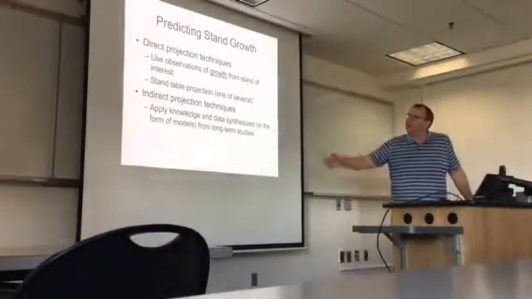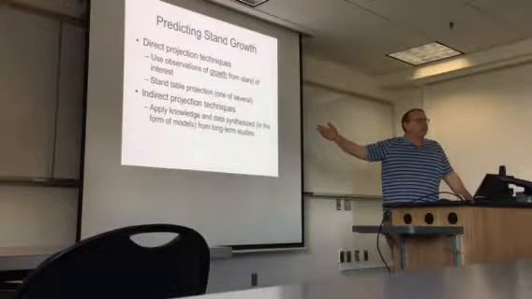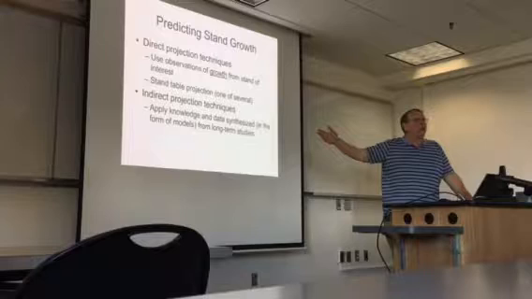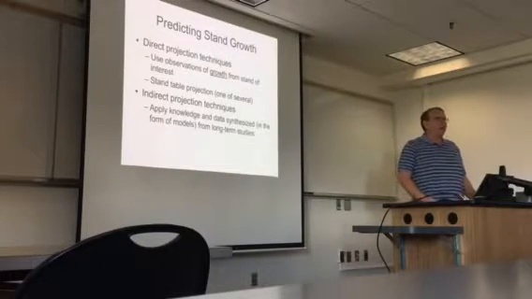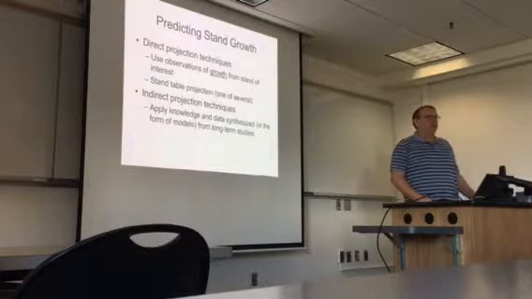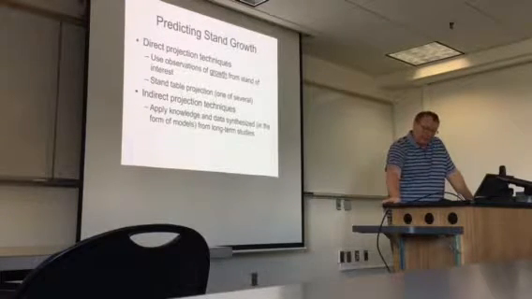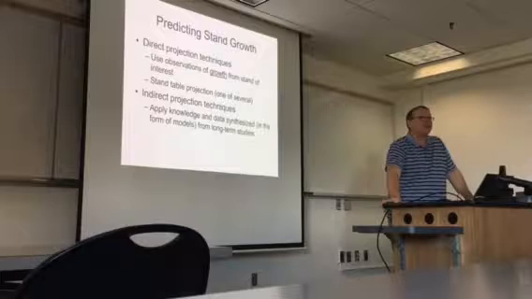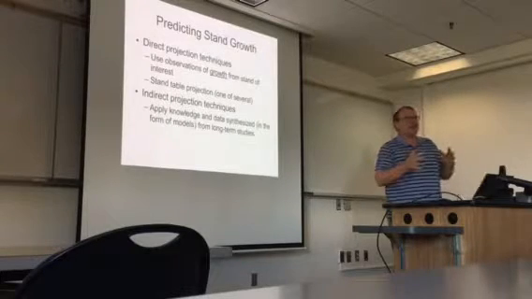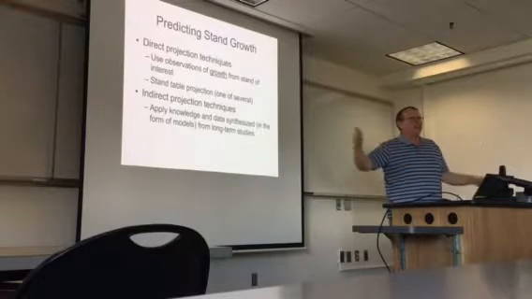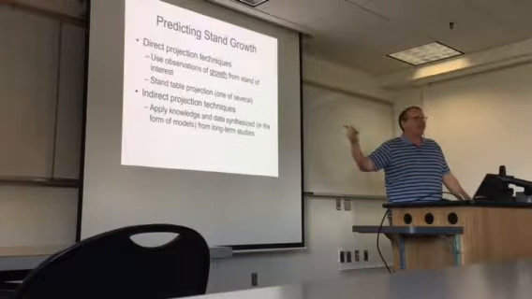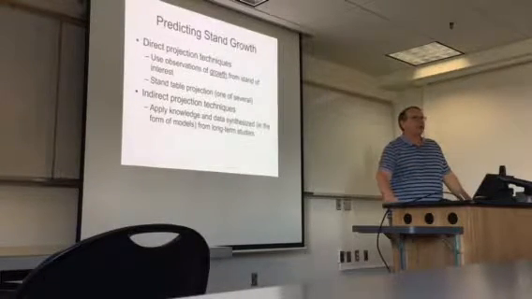And of course, where do they get data for these indirect projection technique models? Permanent sample plots, right? That's one of the uses of permanent sample plot data, to calibrate these growth and yield models. Of course, we want to make sure, as is the case with any model, that the stand we're dealing with is within the range of conditions represented by the data used to develop the model.